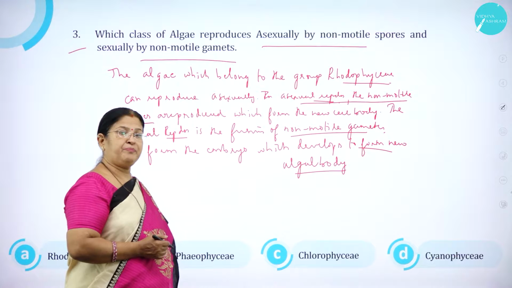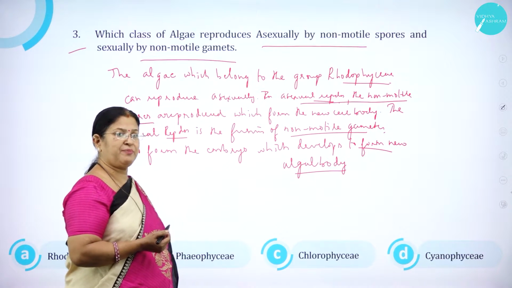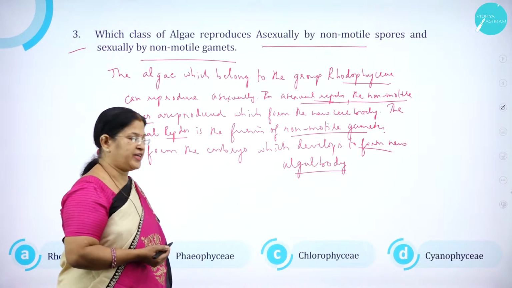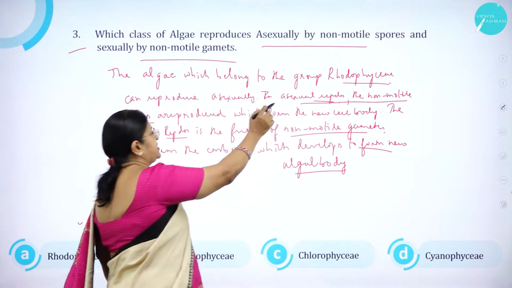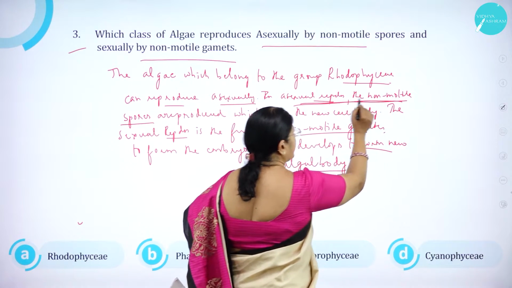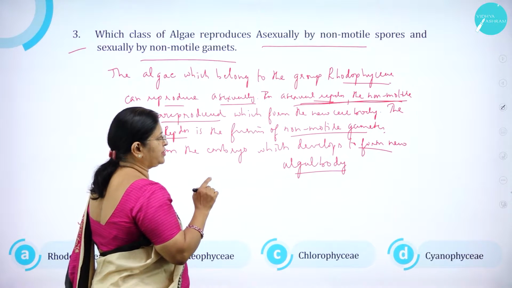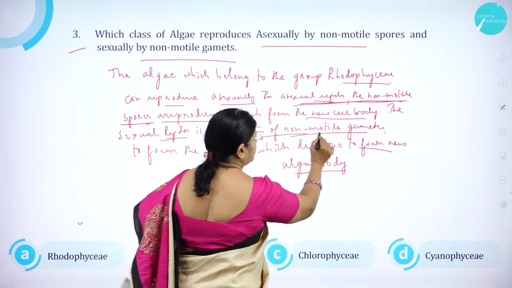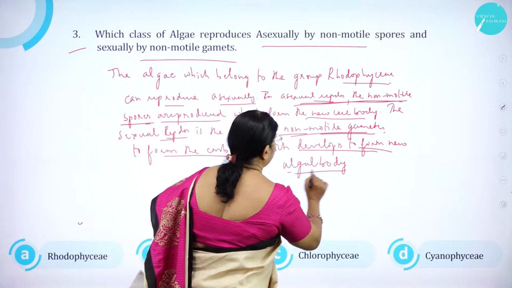In algae, I think all of you know algae have been broadly classified based on the pigments into Rhodophyceae, Phaeophyceae, Chlorophyceae, right? So the algae which belong to the group Rhodophyceae can reproduce asexually, that is asexual reproduction through non-motile spores, which are produced and form the new cell body.